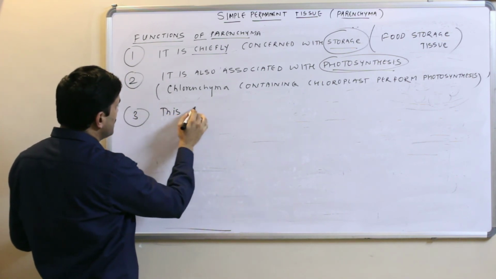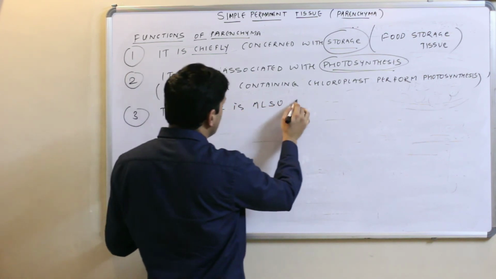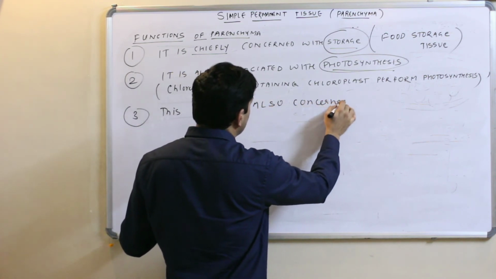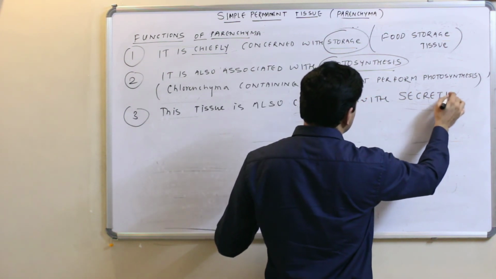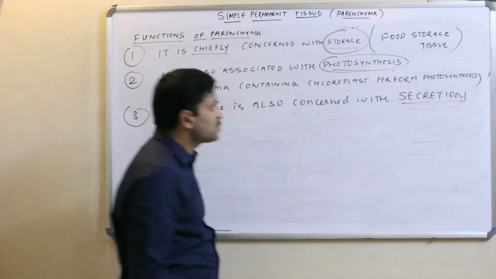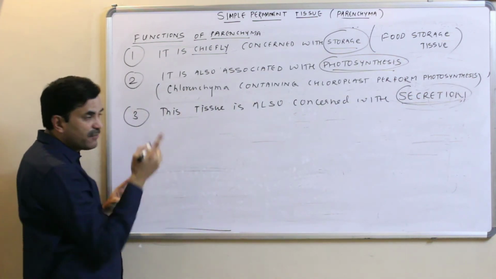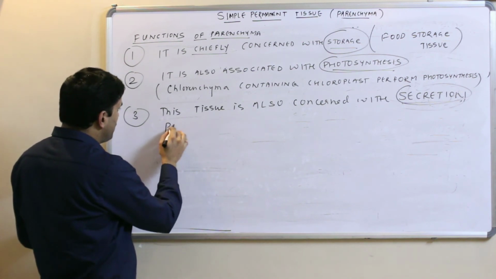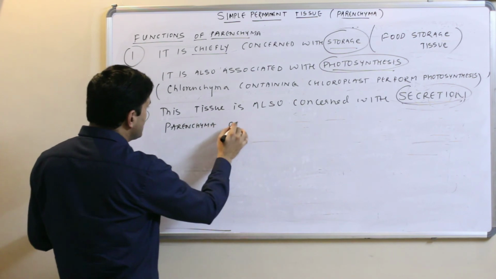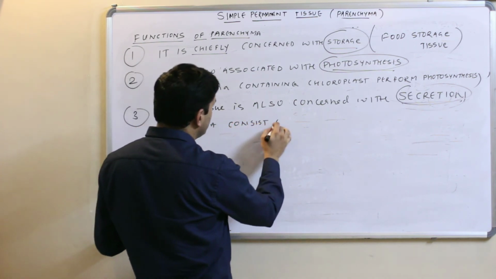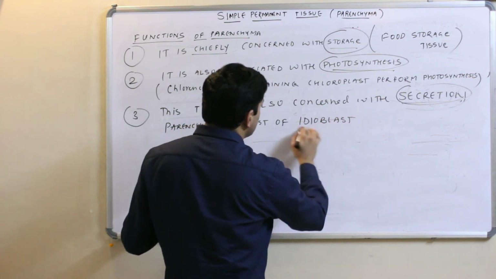This tissue is also concerned with secretion. Also associated with, concerned with secretion. How? So to justify this statement, parenchyma consists of idioblast cells.